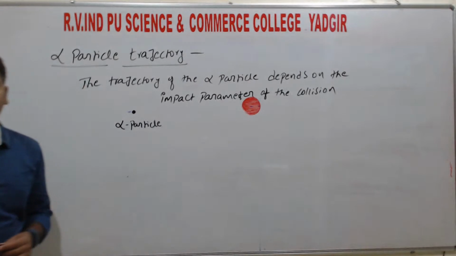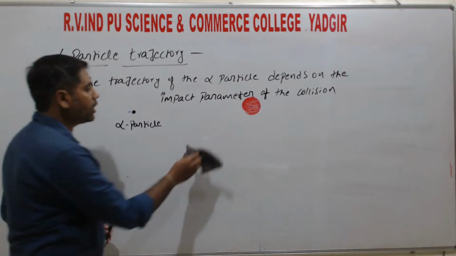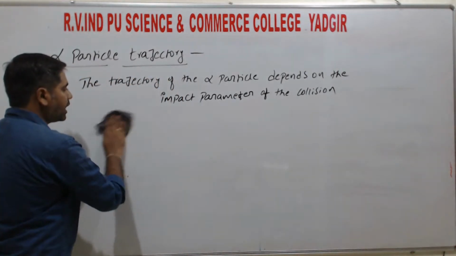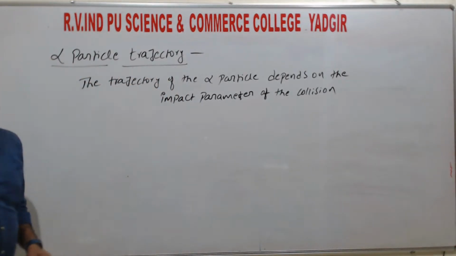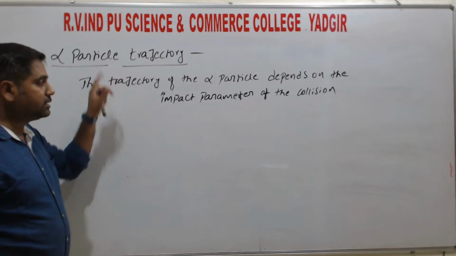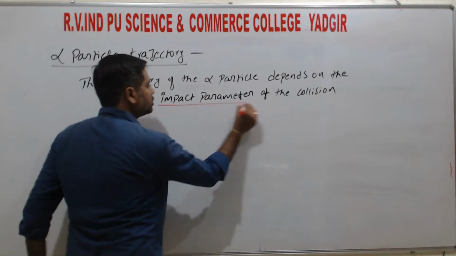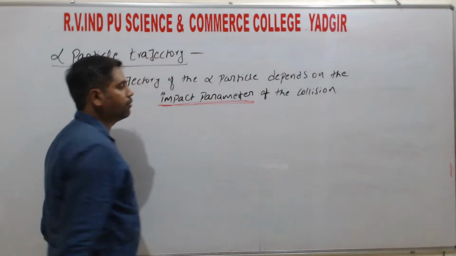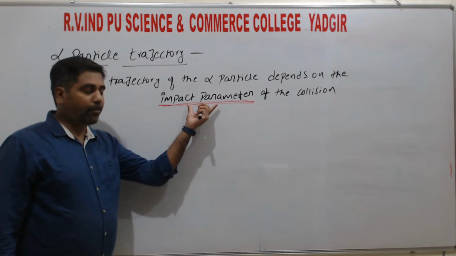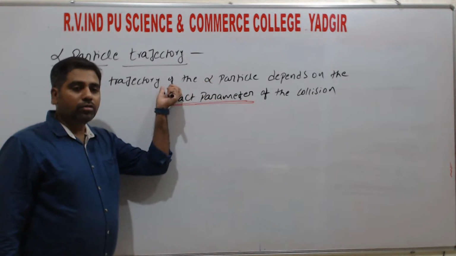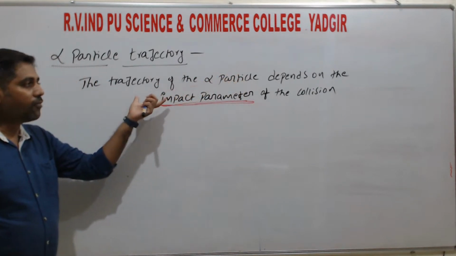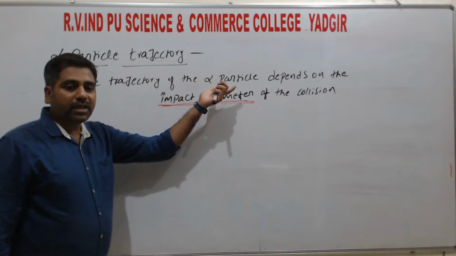So the path followed by the alpha particle depends on the impact parameter. What is impact parameter? The path followed by this particle directly depends on this impact parameter. Based on this impact parameter, we can say how the alpha particle is traveling, that is, how the alpha particle is moving in free space.